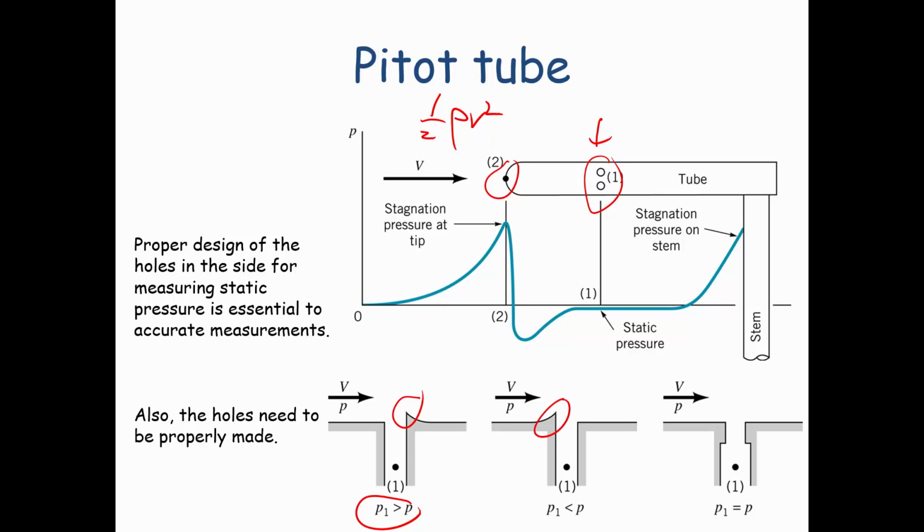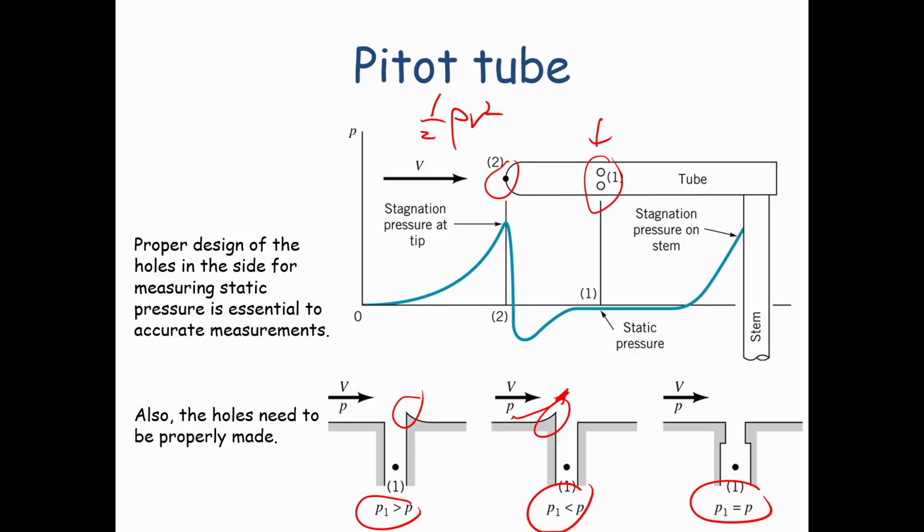If you have a burr right here, the fluid will be pushed upward like this, and that leads to a pressure P1 being less than the actual static pressure. And then here, this would be a properly designed or constructed tube where the pressure that you would measure would be equal to the actual pressure, which, as I mentioned before, is very important.